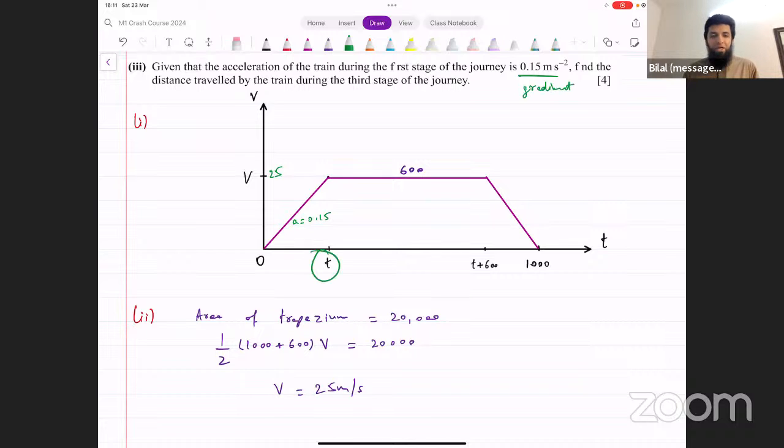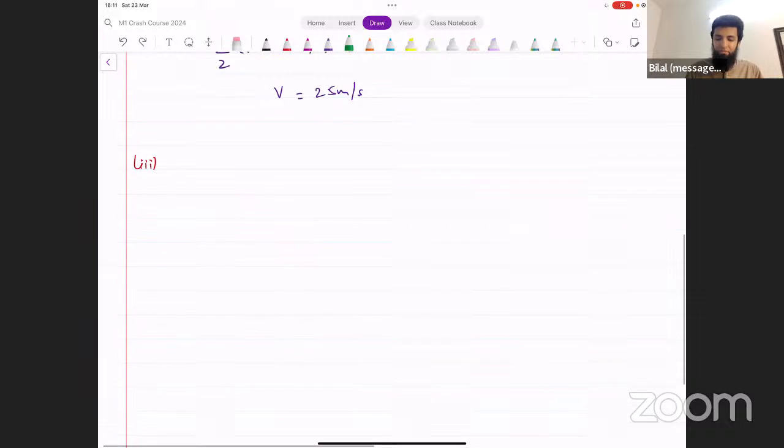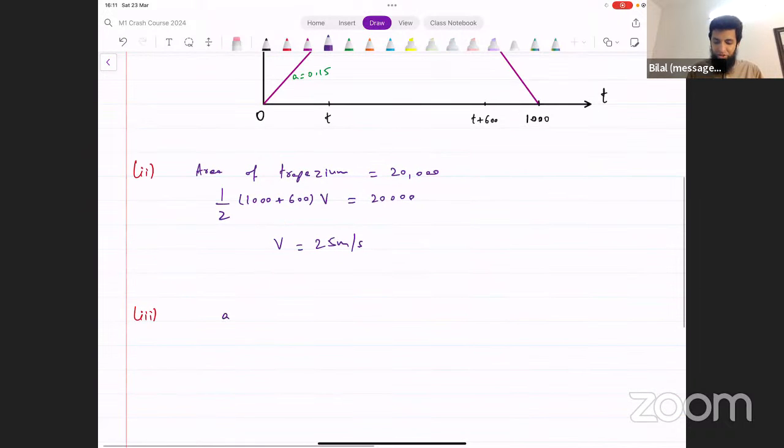We can find the value of t using that. How do you do that? You can say this point is t and 25 now, right? The horizontal coordinate is t and the vertical is 25. What's the gradient of this line? That is 0.15. So you can say acceleration equals 0.15.